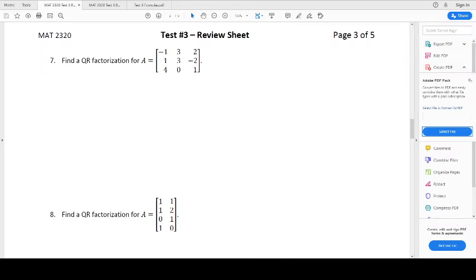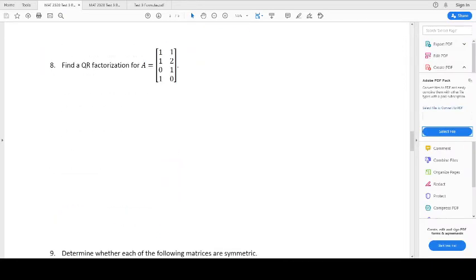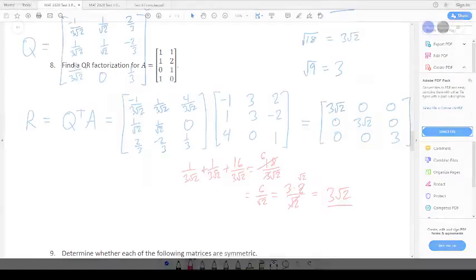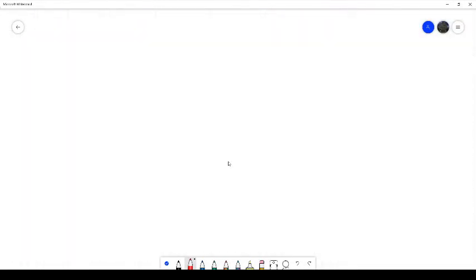Then next we'll do number 8. So same idea, find a QR factorization for this matrix. This time we have A equals 1, 1, 0, 1, 1, 2, 1, 0 down the columns.